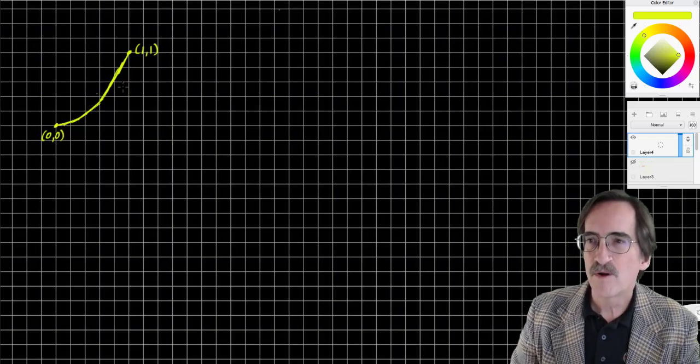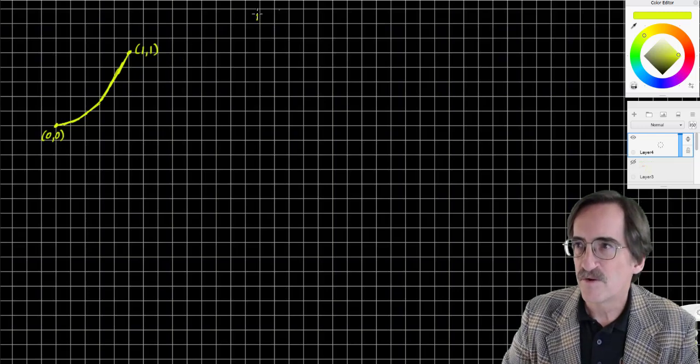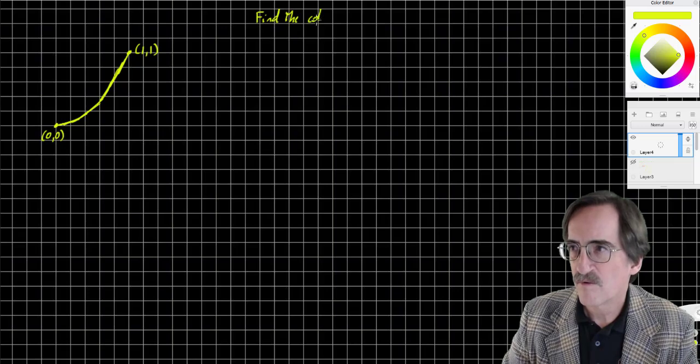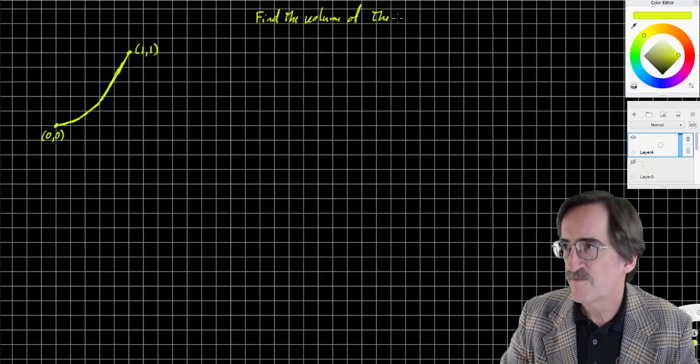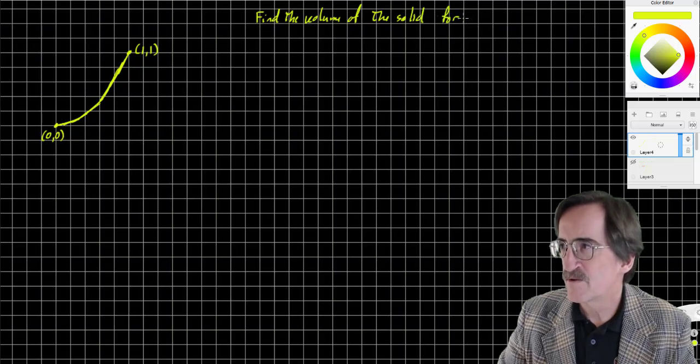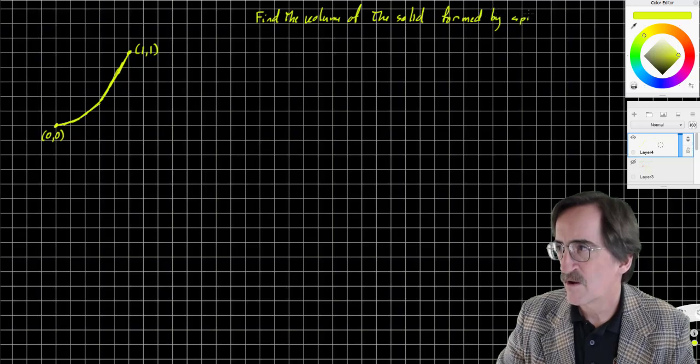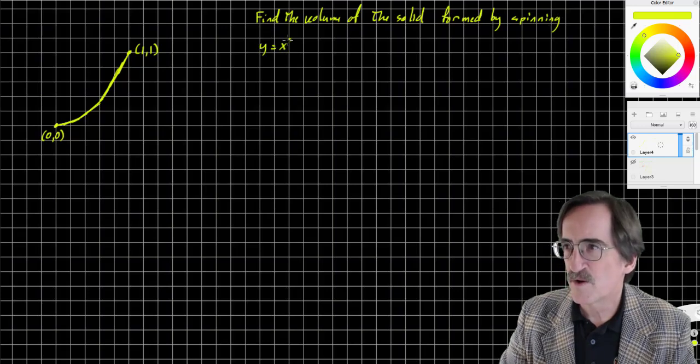Okay, but what I want to do is find the volume of the solid formed by spinning y equals x squared about the x-axis.